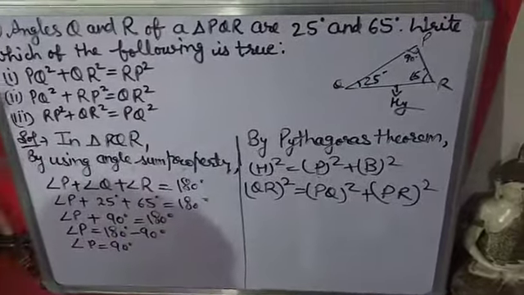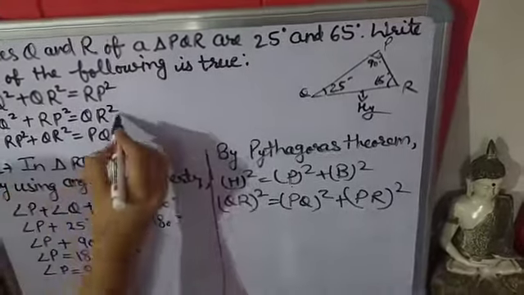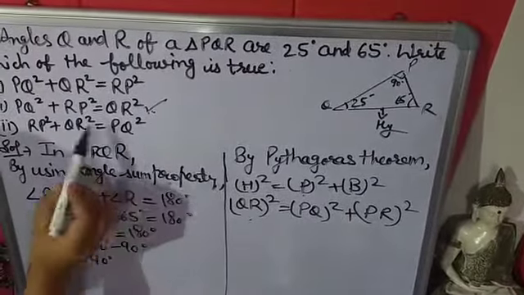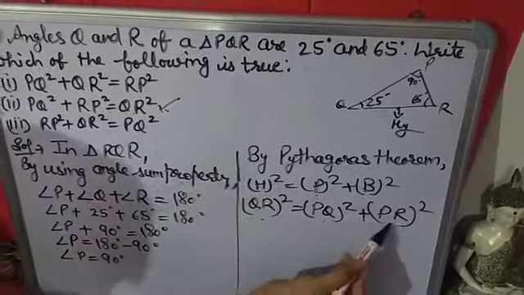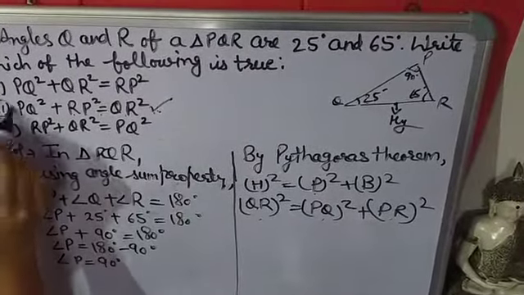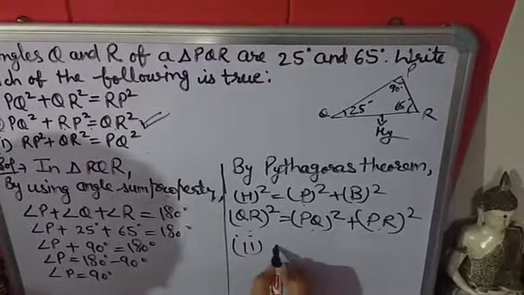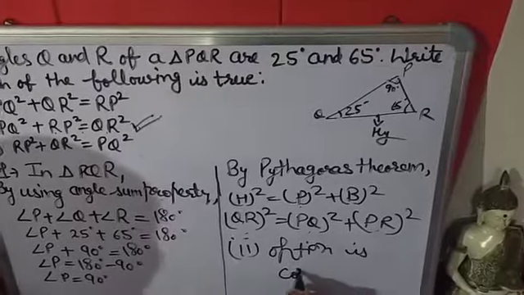Now we will match with these options. So in these options, this second option is the same as this. देखो, QR square is equal to PQ square plus RP square. It means this option is correct. So second option is correct.